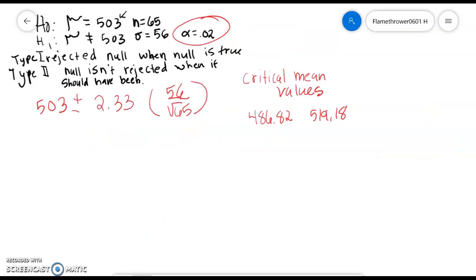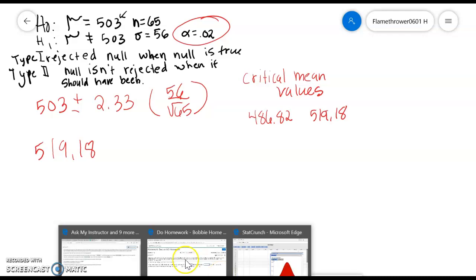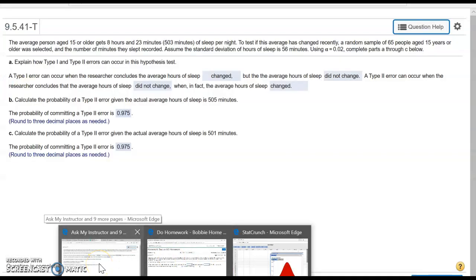Okay, now we can take our critical mean values and find our lower and upper z values. You can use technology; I just used the formula. Let me show you real quick so you know where we're going with this. We're trying to find the type 2 error given the actual average hours of sleep is 505.